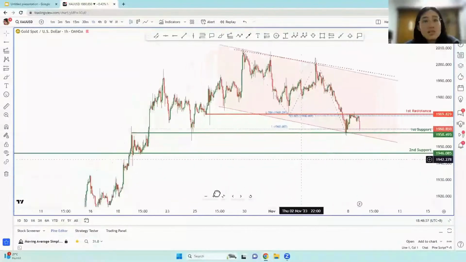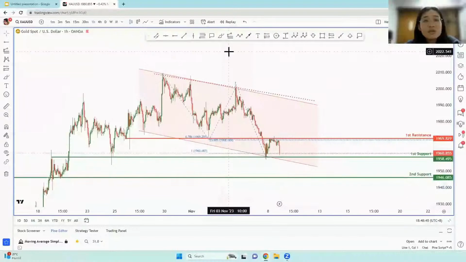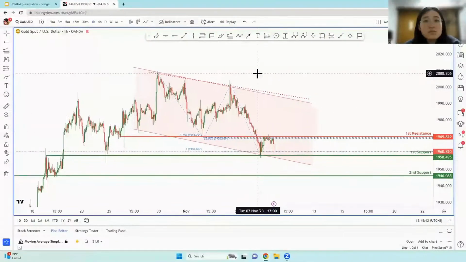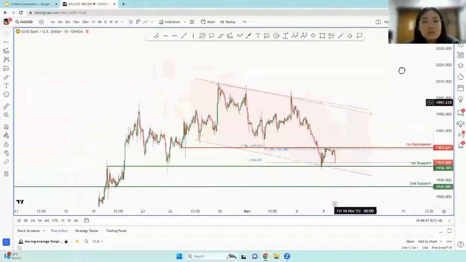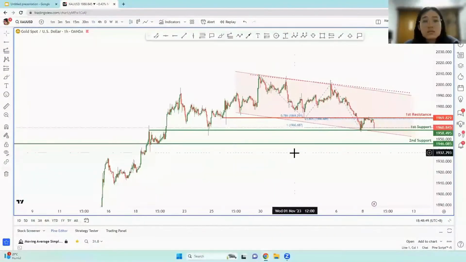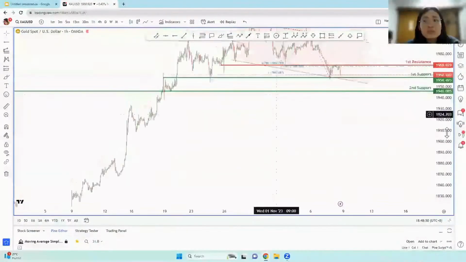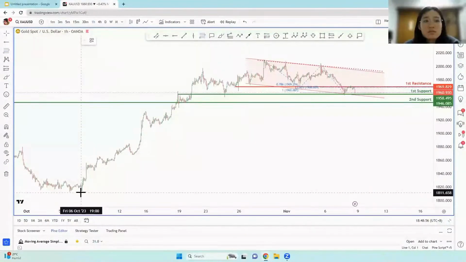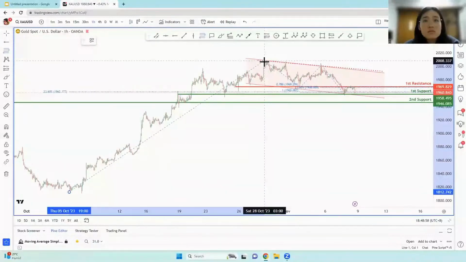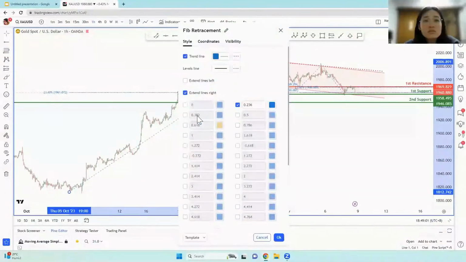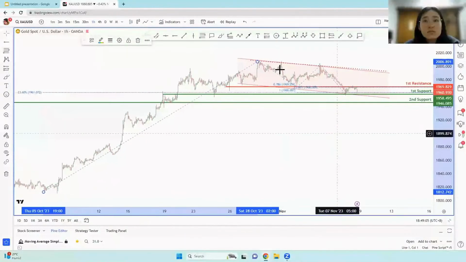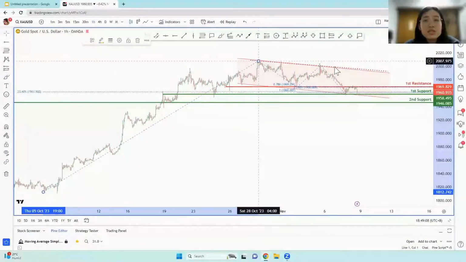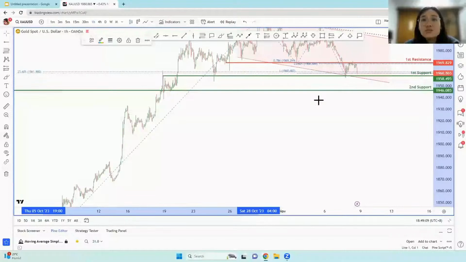Okay, let's see what else we have. My 23.6 lines up with my first support as well.